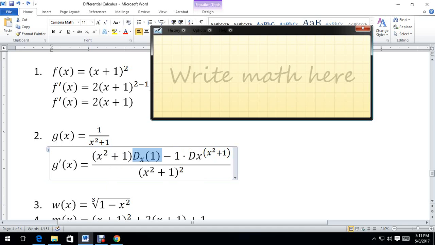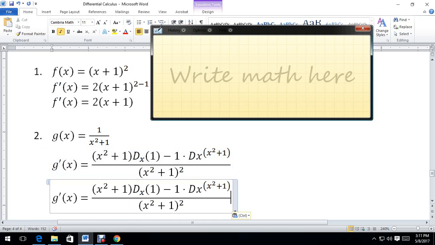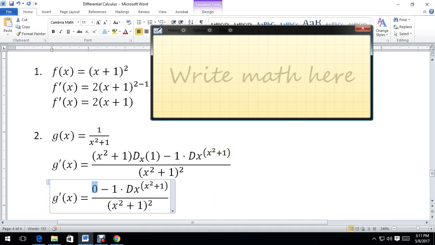But let's do this step by step. Again, the derivative of 1 is 0, so 0 times this expression becomes 0, which means that we could drop that out of the solution.